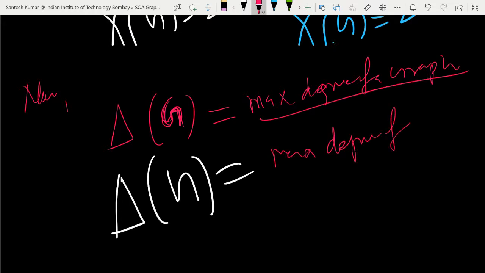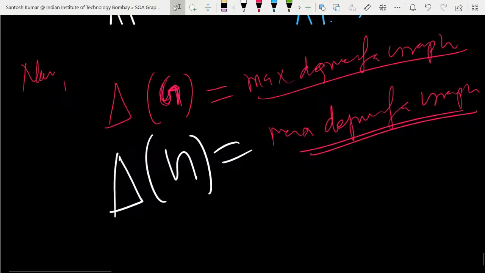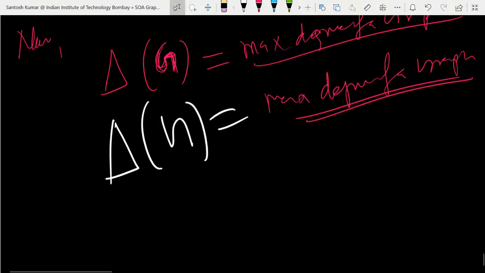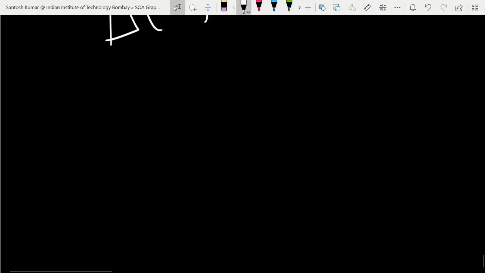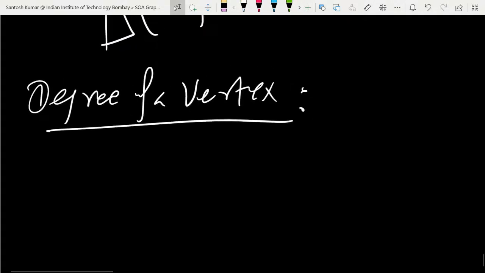Maximum degree of a graph. Your maximum degree of a vertex, you can say. Okay. So first, you tell me the definition of degree of a vertex. The number of adjacent vertices connected to the given vertex?